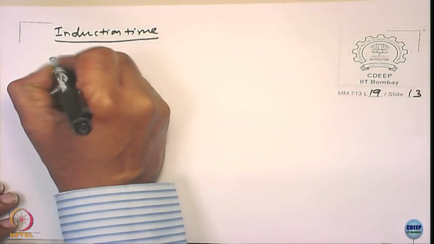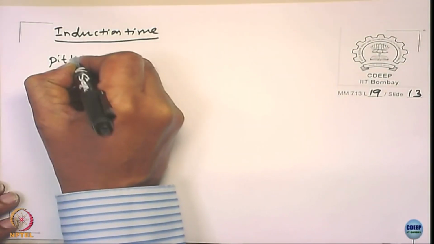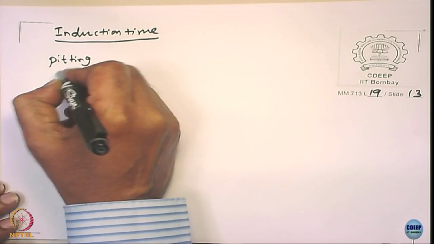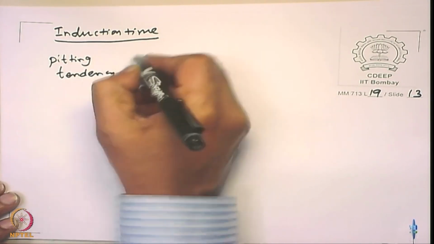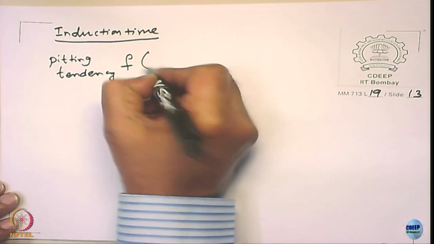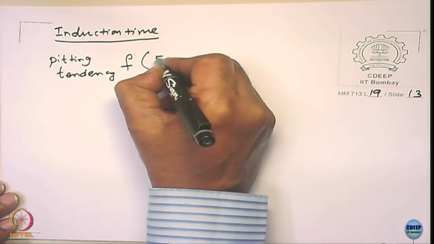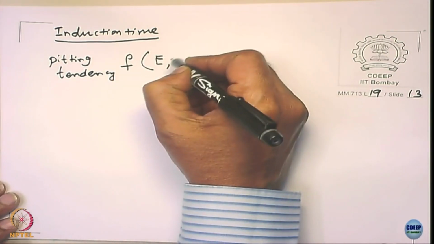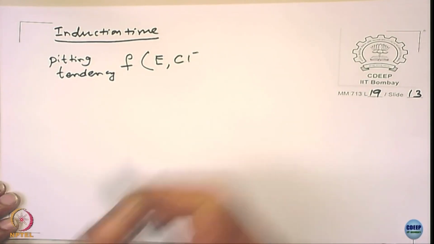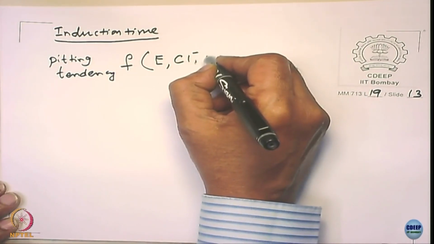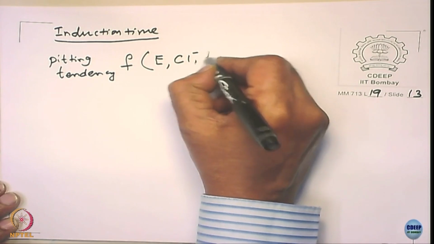Actually, just to make some remarks, I would say pitting tendency is a function of applied potential, the chloride or anion concentration, then the time, which is going to be other factors.